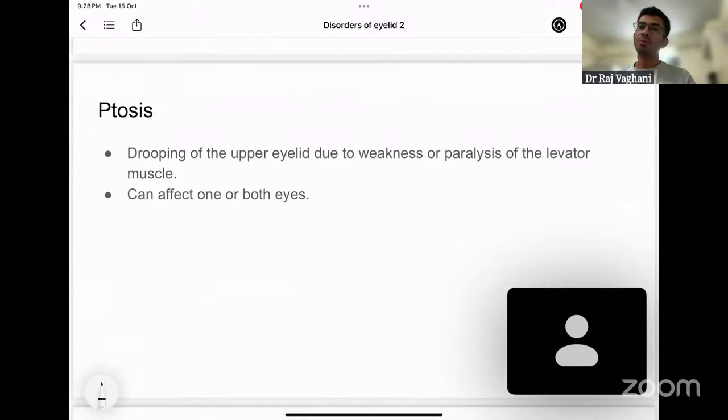So the second most important heading is ptosis, right? So what is ptosis? Ptosis is the drooping of the upper eyelid due to the weakness or paralysis of the levator muscle. Okay, so in the eyes, we have the levator palpebrae superioris muscle.